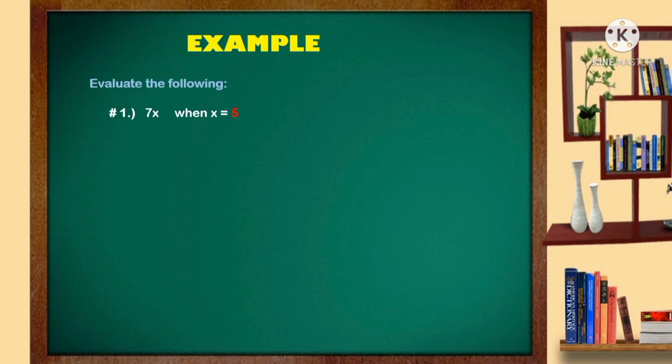So number 1, 7x, when x is equal to 5. Take note that our variables are given. So all you have to do is copy the 7 and substitute the value of our x, which is 5.